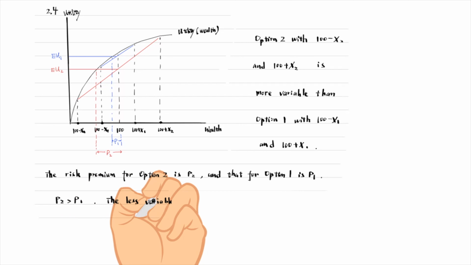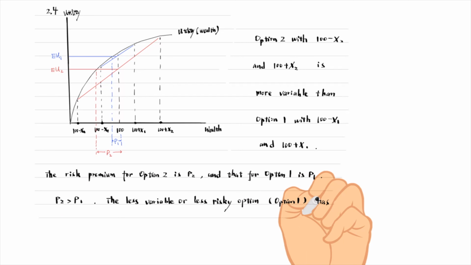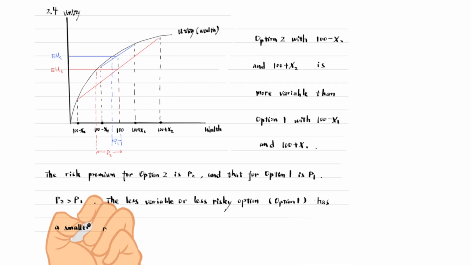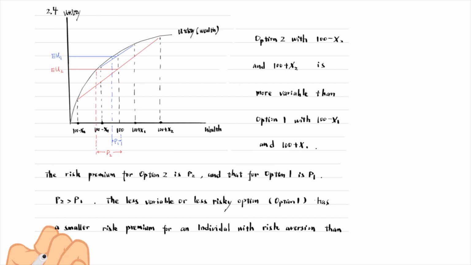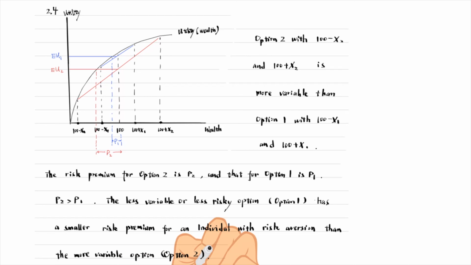P2 is larger than P1. The less variable or less risky option 1 in this exercise has a smaller risk premium for an individual with risk aversion than the more variable option 2 in our case.